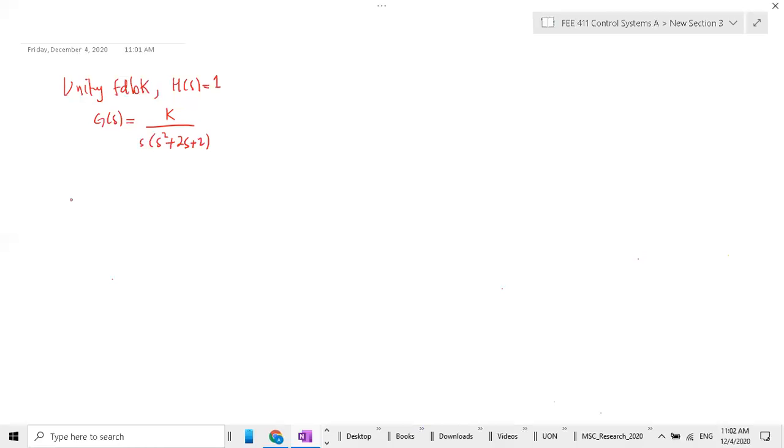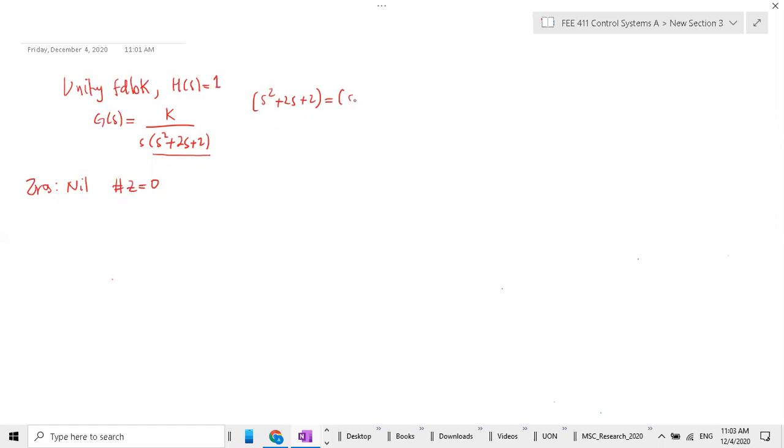So first, remember I said you locate poles and zeros. For zeros, you say nil. Number of zeros is equal to 0. For poles, you need to factor this one. You say s squared plus 2s plus 2 into factor form.